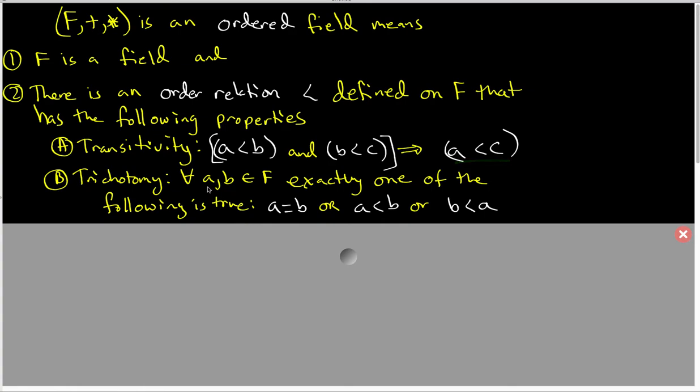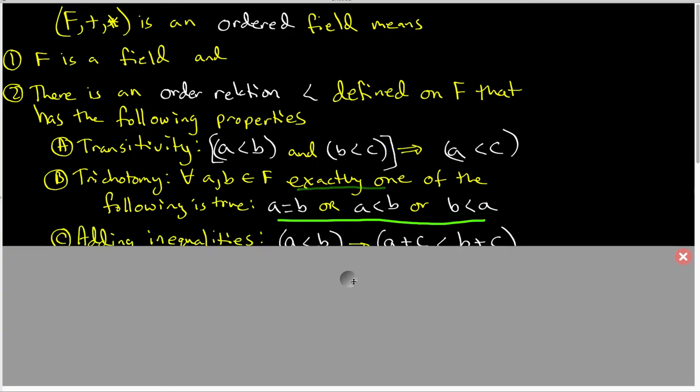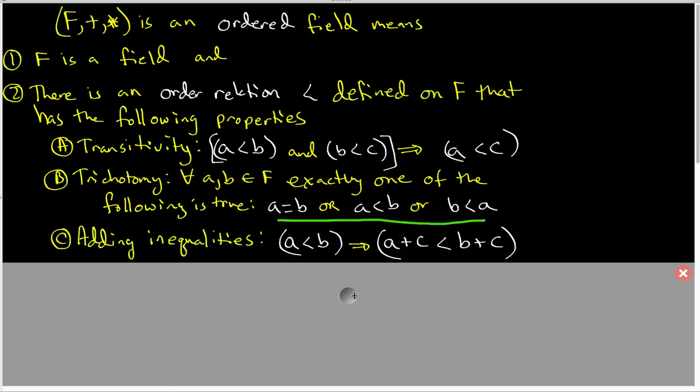If we take any two elements inside the field, they are either equal to each other, or A is less than B, or B is less than A, and you only have one of these three things happening. We can add things to inequalities. If I start with A is less than B, I can add C to both sides and I maintain the inequality.